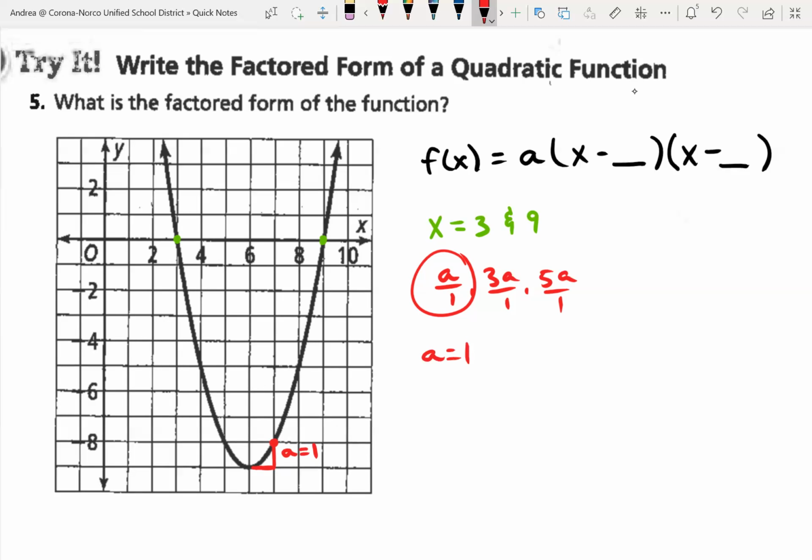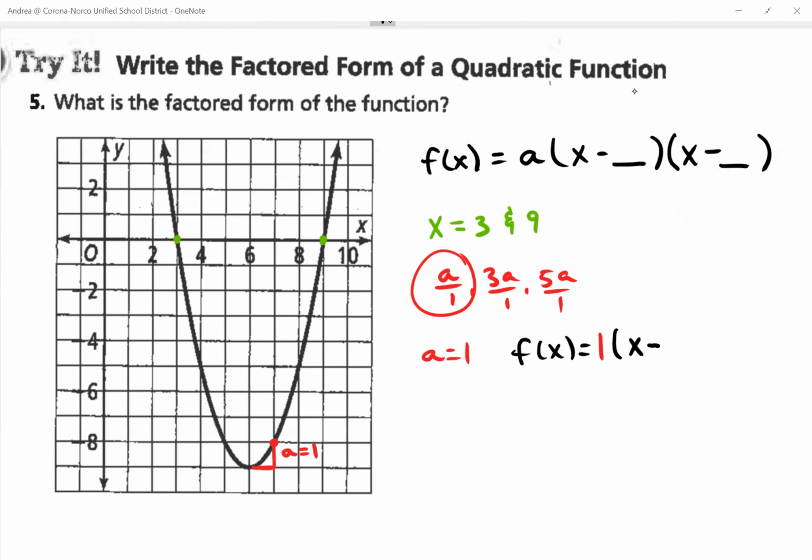Now you plug all those pieces in. So f of x equals, I have my a value as 1, times x. Since it's x minus, you have to change the sign. So the x-intercept is a positive 3. When I plug it in, it becomes a negative 3.